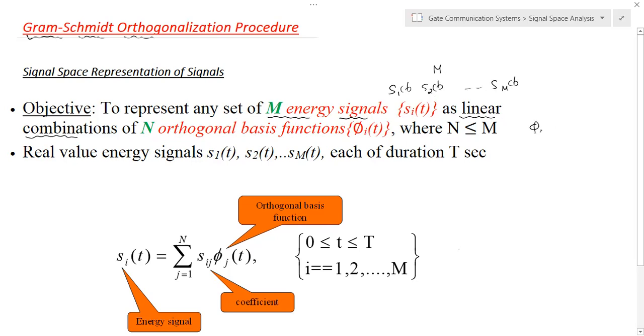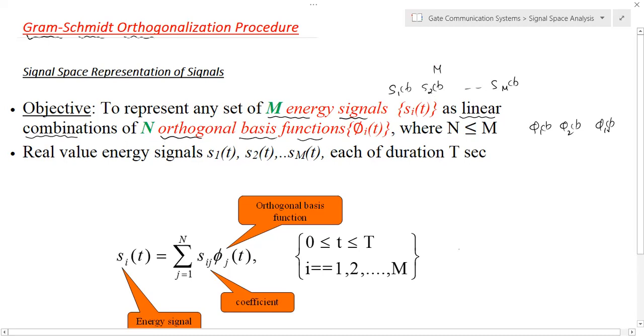For example, phi 1 of t, phi 2 of t, etc. up to phi n of t. And these signals are known as the orthogonal basis function, or very specifically, we can call it orthonormal basis function. So that's the idea behind this signal space representation of a signal.